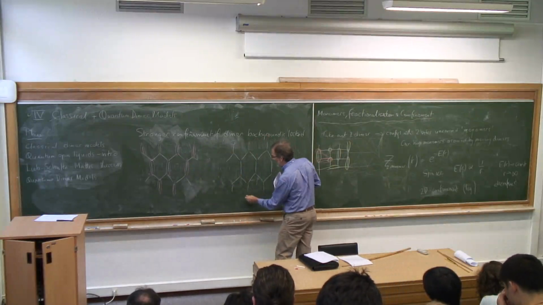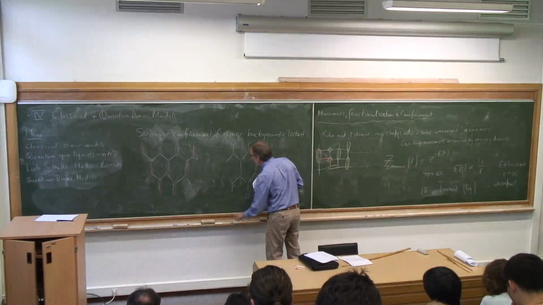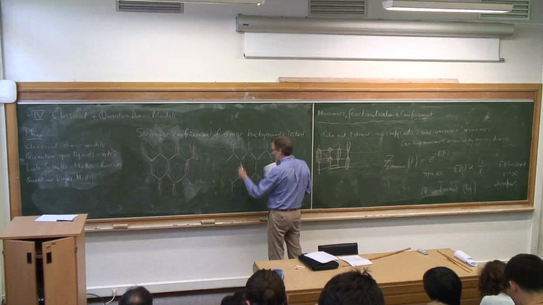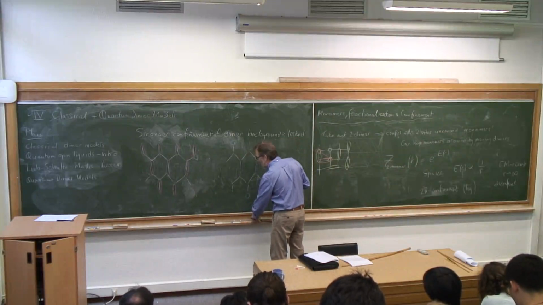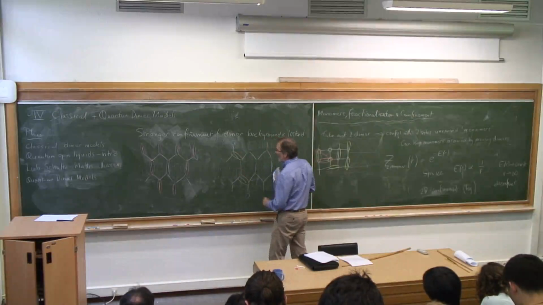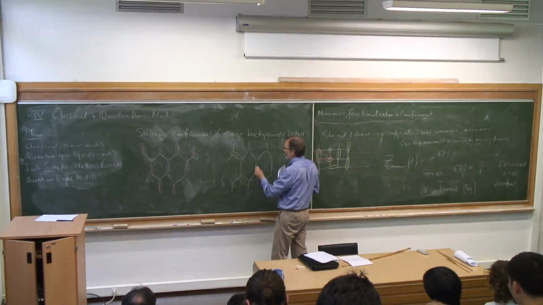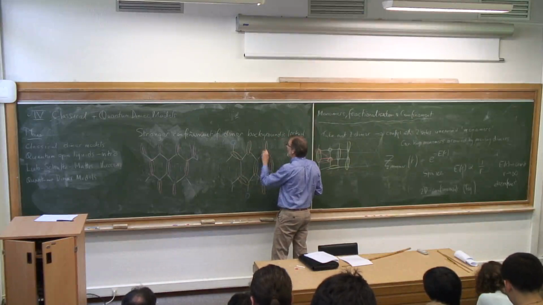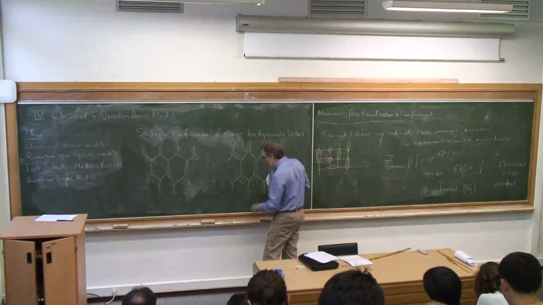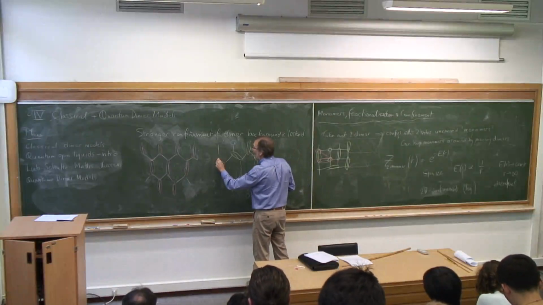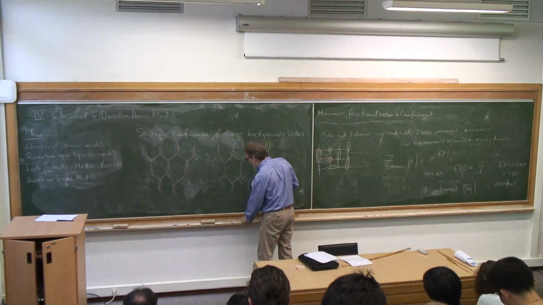So if I have a pair of monomers like that, then I'm forced to have a string of dimers between them, which are oriented in a different way.